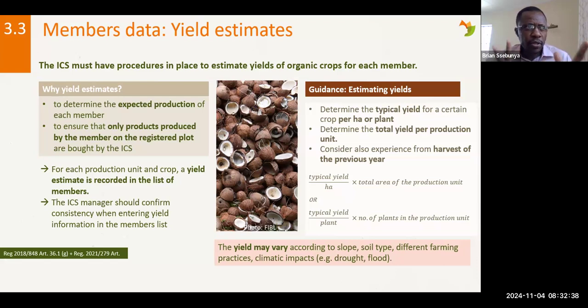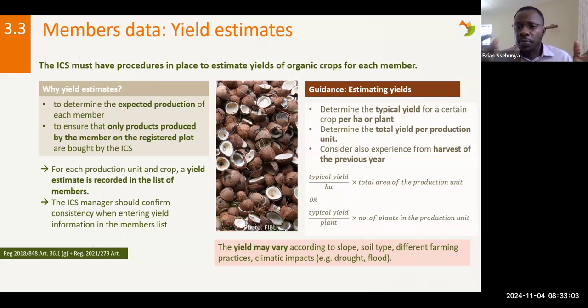When I look at the production from this field, we can produce so much. And who does that? It is your field advisor or extension who does the yield estimate for that field. And of course, when the internal inspector comes, they will verify that again on their internal inspection form.